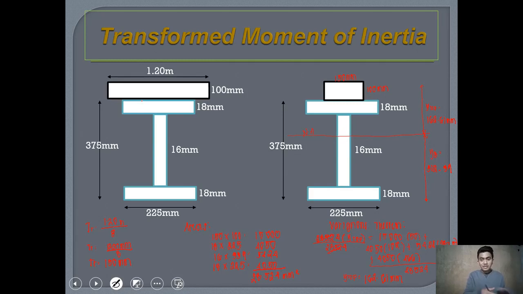Its distance from the centroid is 162.61 minus 50, that is 112.61.